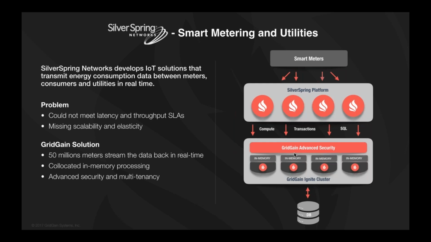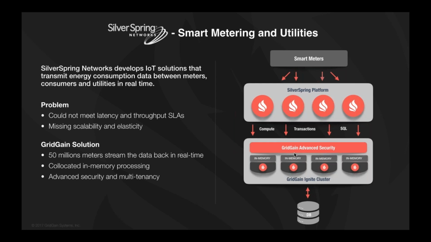Based on the information delivered by the smart meters connected to those power poles, the Silver Spring network can control power usage, distributing the power from one pole to another, depending on the current consumption in a specific territory.